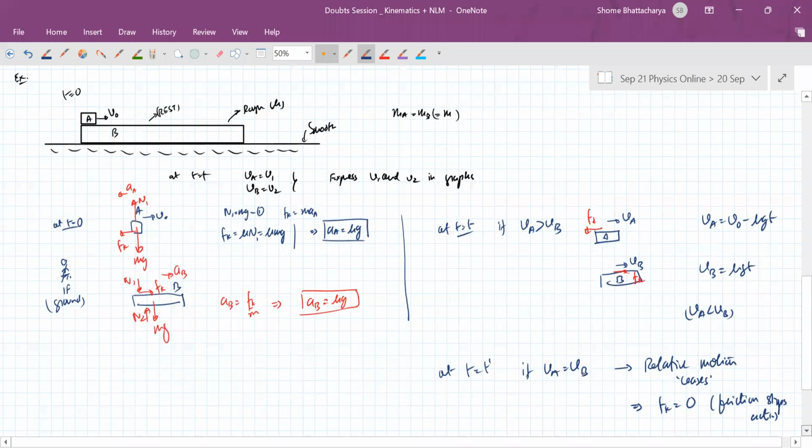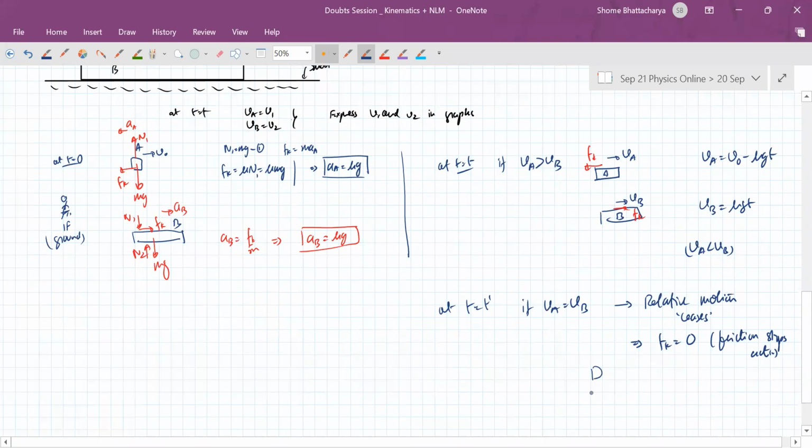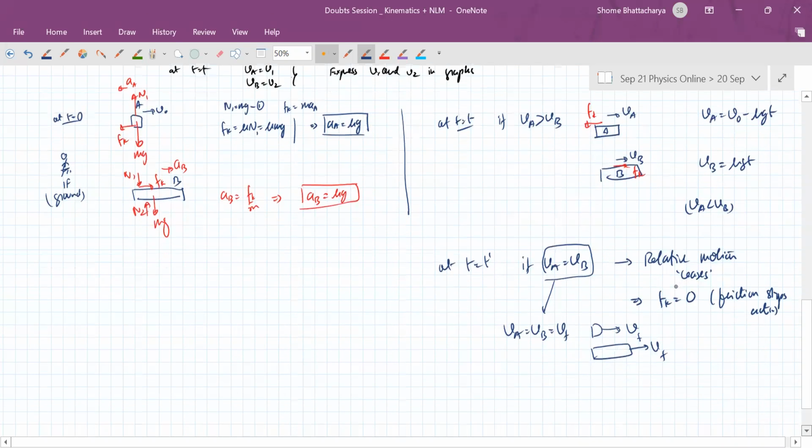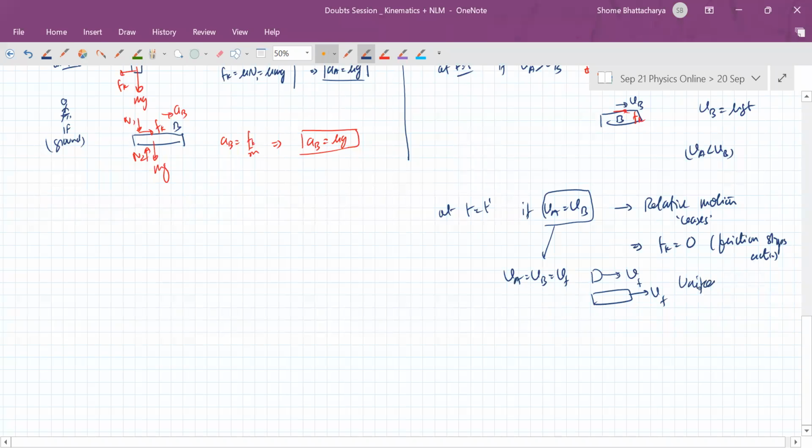So at that point of time, this becomes the final velocity. Okay. So this becomes uniform motion from here.